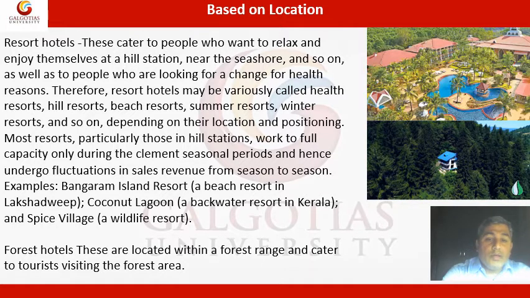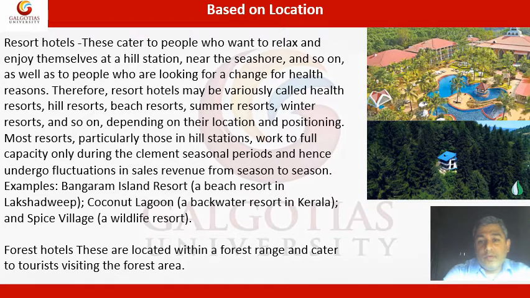However, during the off season, that is when the conditions are not favorable, people prefer not to go to resorts, and as such the occupancy percentage drastically gets reduced. So say for example in hilly areas, during summers people go from the cities and prefer to go to resorts in the hilly areas, reason being that the weather is very pleasant during that time.